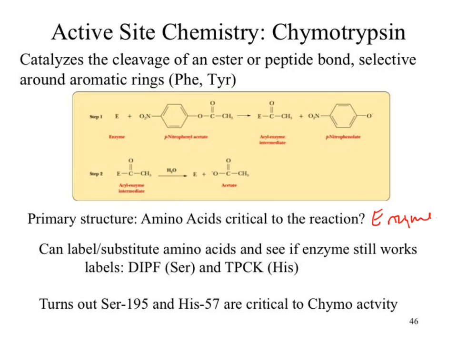There are a couple of big tags here. We've got DIPF, which reacts selectively with serine residues, and we've got TPCK, which reacts selectively with histidine residues. If we take the protein and mix it with these reagents, anywhere there's a serine, DIPF is attached.